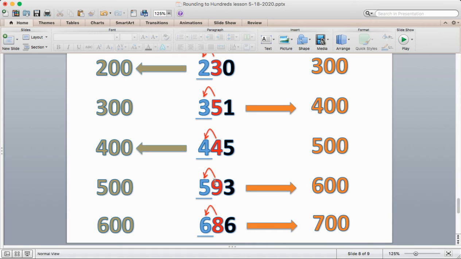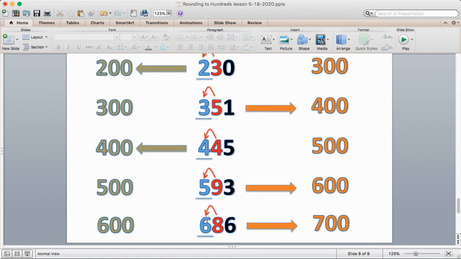So this 9 is telling that 5 to turn into a 6. And that 6 is in the 100 spot. The 2 zeros behind it take the place of the 9 and the 3, and we round to 600. 593 rounds up to 600.